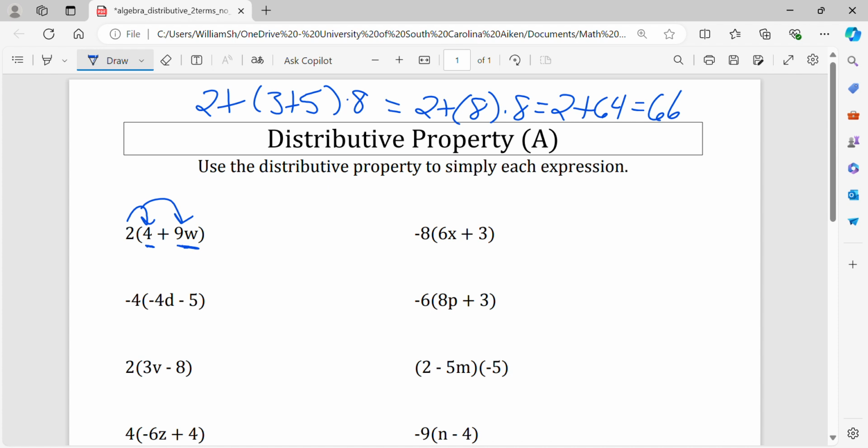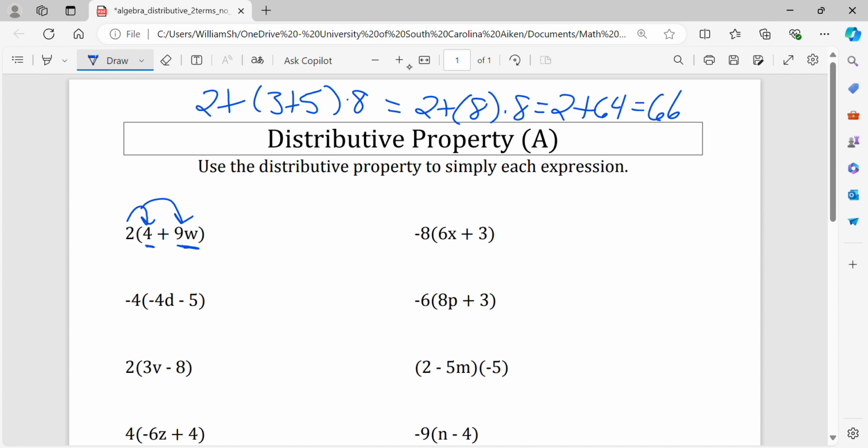Anything that's multiplied together is considered one term. So I only need to apply the 2 to the 9w. I don't need to apply it to the 9 and to the w. But I also do have to apply it to the 4 because that piece is added. So each term that's added or subtracted needs to get that 2, but every single little number and letter does not get that 2.